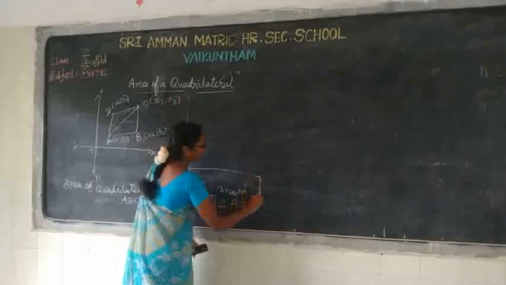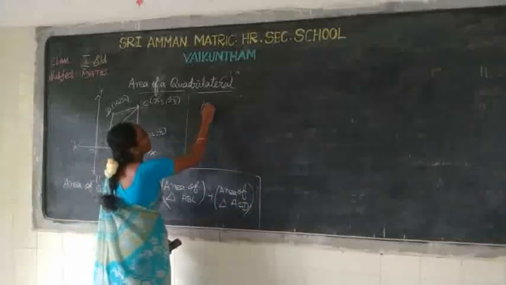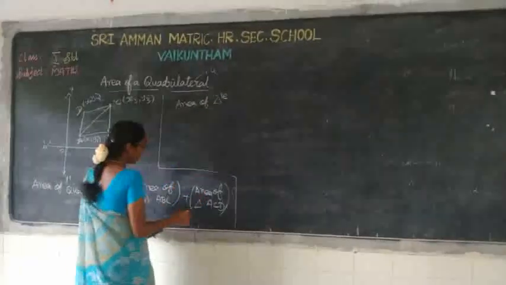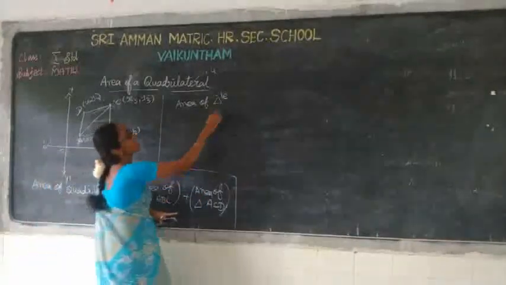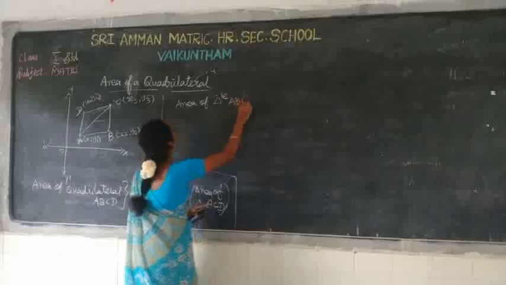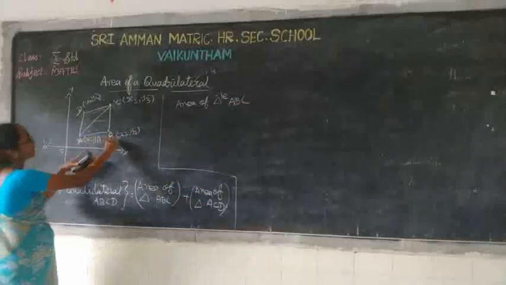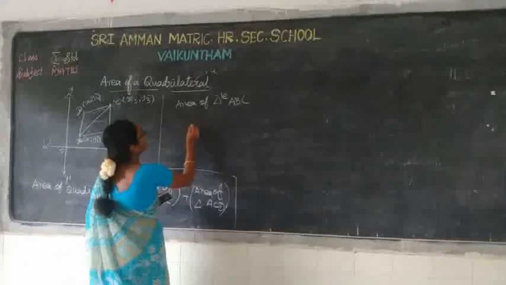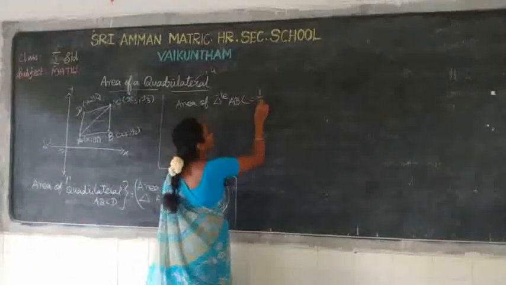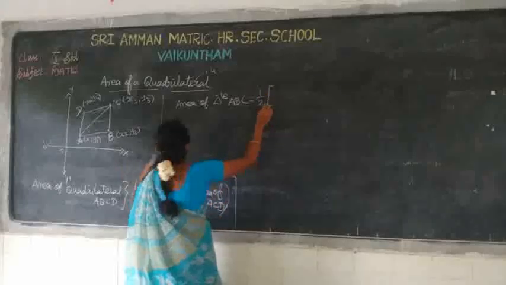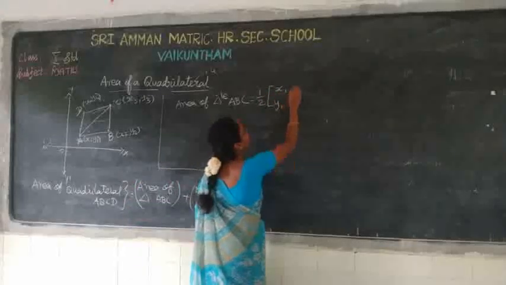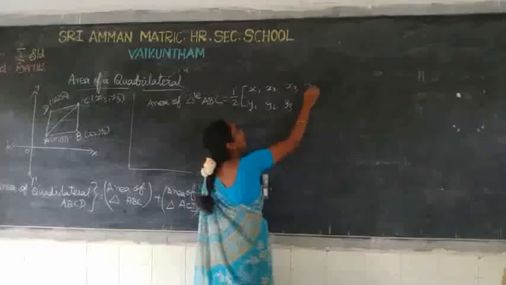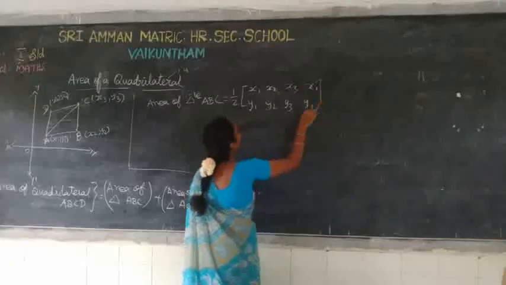You already know the formula for the area of a triangle. The area of triangle ABC is half into the determinant of x1, y1, x2, y2, x3, y3, again x1, y1.